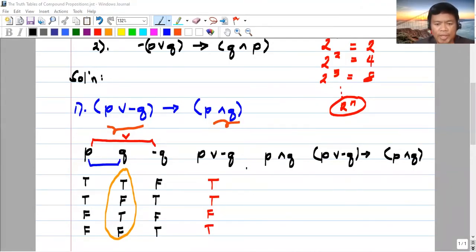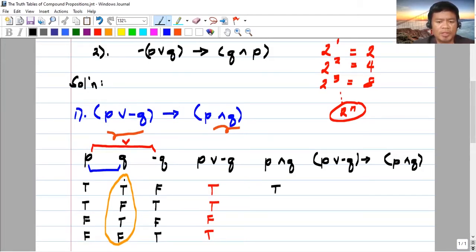Okay, so now we have our second expression, which is P and Q. Take note that the conjunction of two propositions P and Q is true when both propositions P and Q are true. So take note of that. So let us look at the given values of these variables P and Q. P and Q here is true.